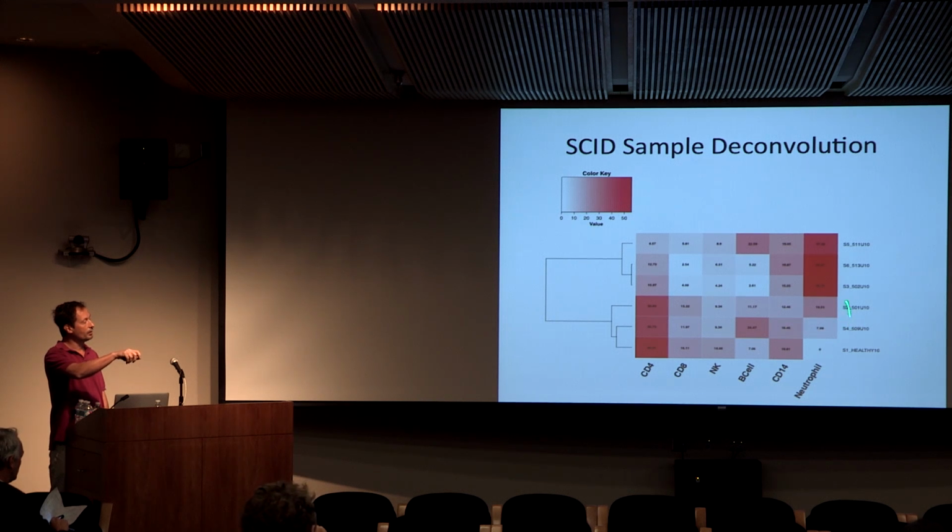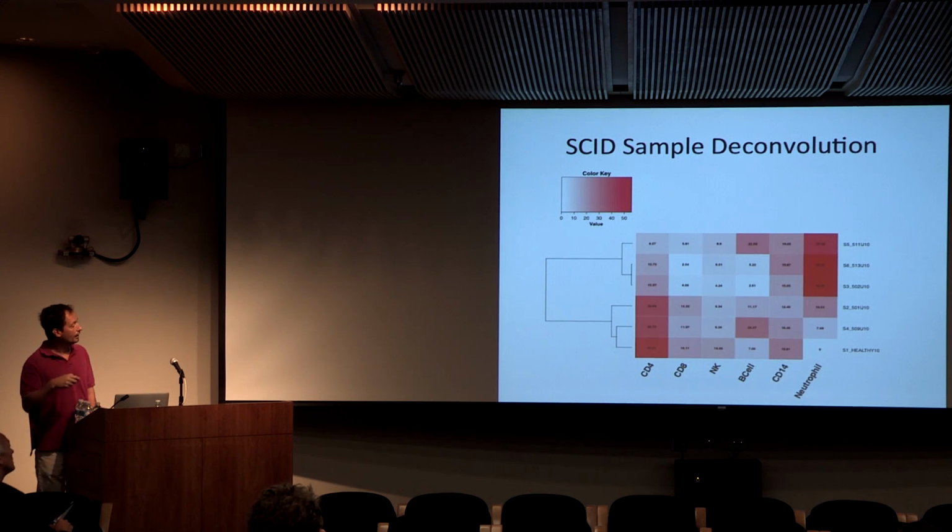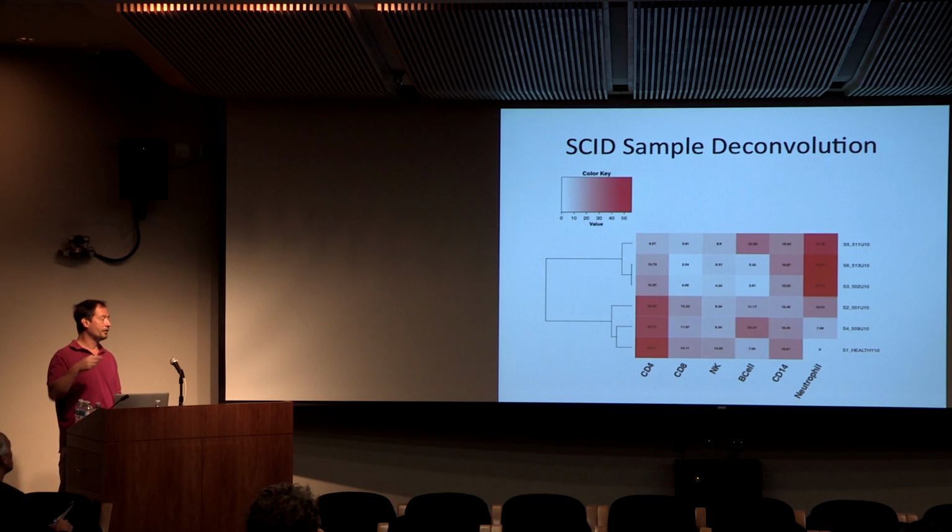In fact, these are the ones he would consider to have been successfully reconstituted, where the gene therapy has really brought them back to a near normal immune state, whereas these samples clearly were still deficient in CD8 and B cells, so they had deficiencies in their lymphocyte abundance, and it was clearly evident from this deconvolution.